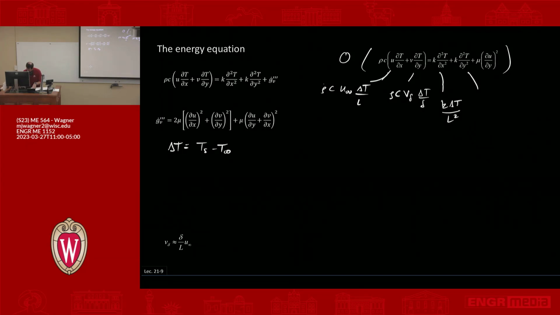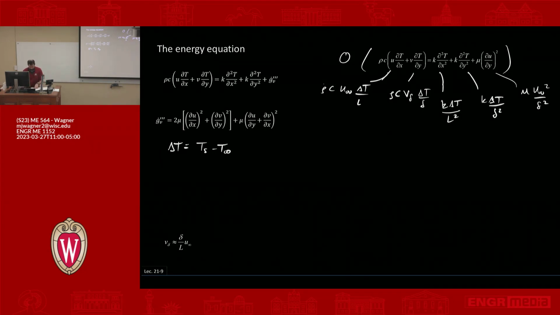This term is conductivity times delta T over delta squared. And then the last term here is mu times U infinity squared over delta squared, because we're taking the first derivative and squaring it. All order of magnitude stuff there.